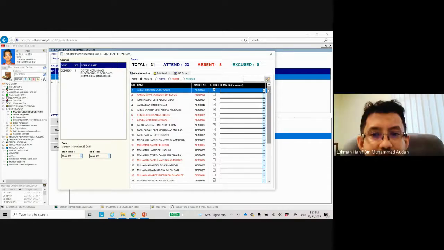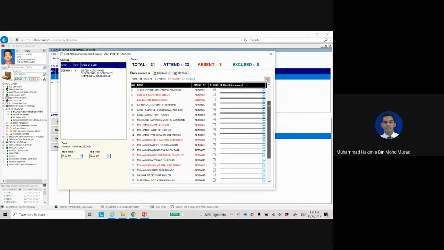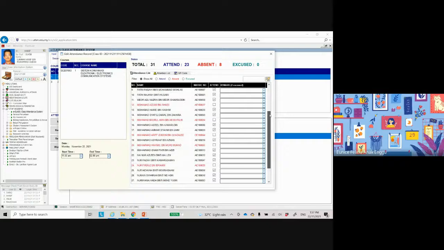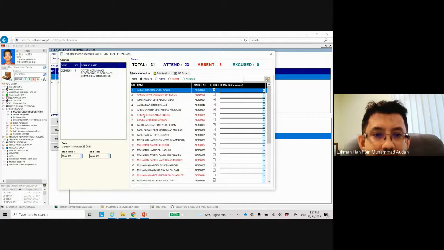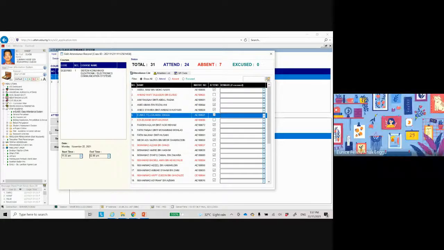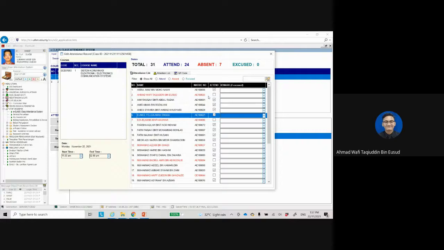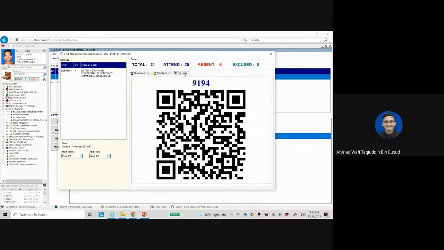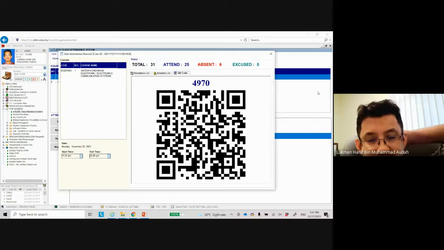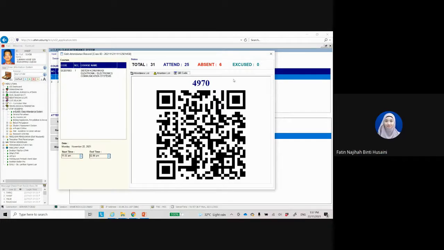Terima kasih banyak doktor. Okay, sama. Muhammad Hakimi doktor. Ya, tadi siapa? Yunis Felicia, nombor 6. Okay, Yunis. Ahmad Wafi, nombor 2 doktor. Okay, terima kasih doktor. Yang lain macam mana? Dah scan dah?